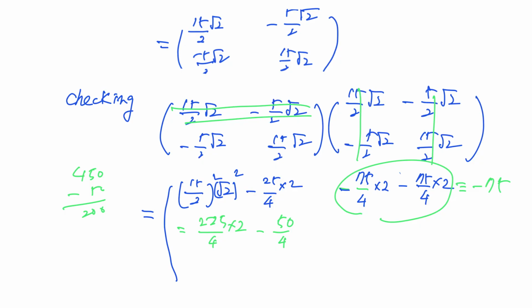Let me see. Something is wrong. This and this. 4 over 25 times 2. 450 minus 50. Oh, this is plus. This must be plus, right? So that is 125.